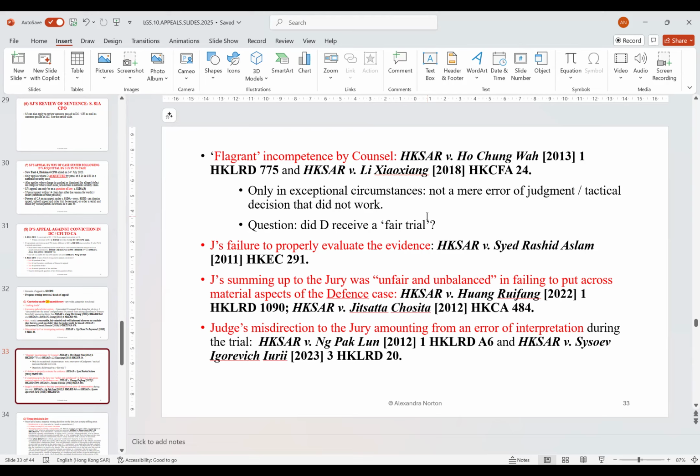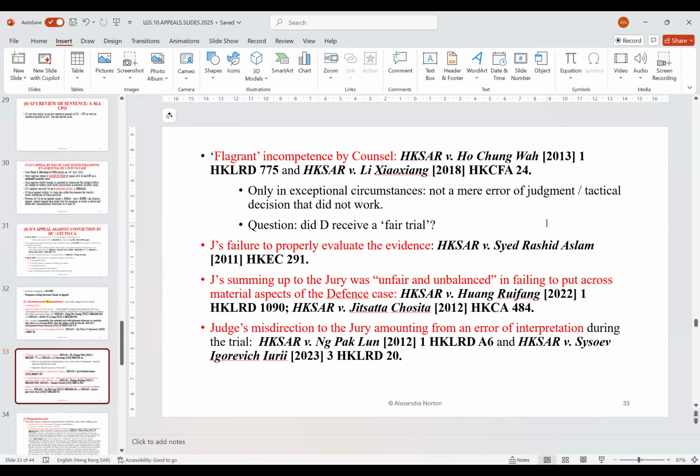So, for example, in Ho Chung Wah, the defense counsel's deliberate failure to put certain instructions of the defendant to a witness was held to be flagrant incompetence because that was critical to the defense. But it's a very high threshold to succeed on appeal.